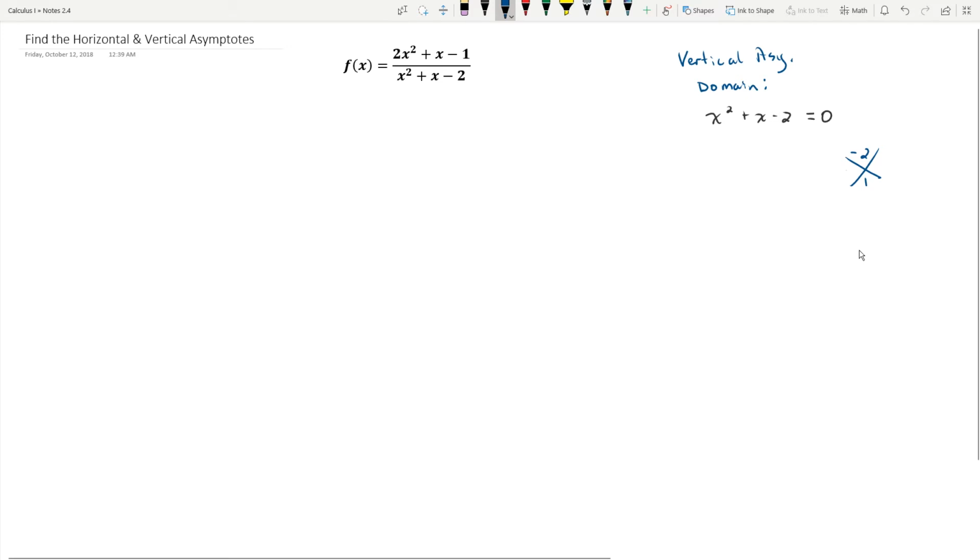So we're going to find that this is -1 and 2. Therefore, we have x minus 1 and x plus 2 equals 0, such that x cannot equal 1 and x cannot equal -2.